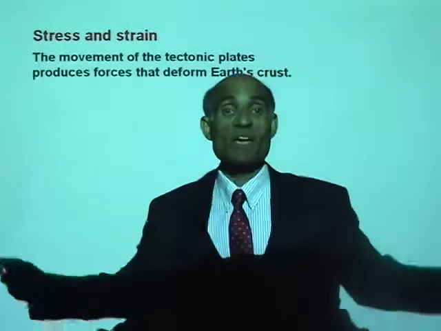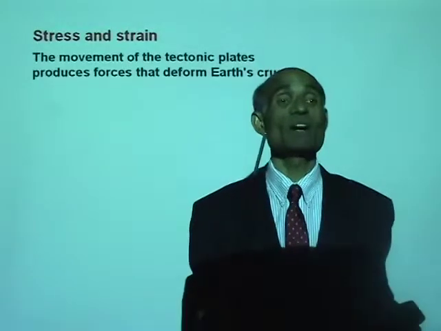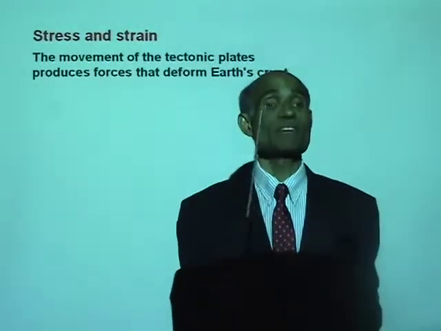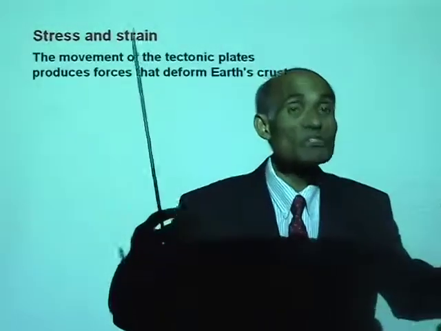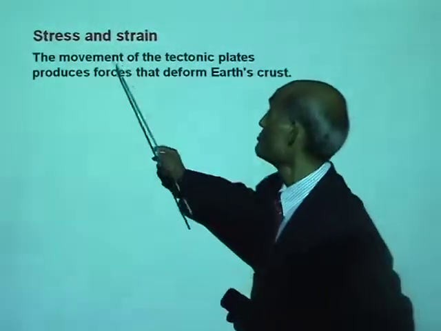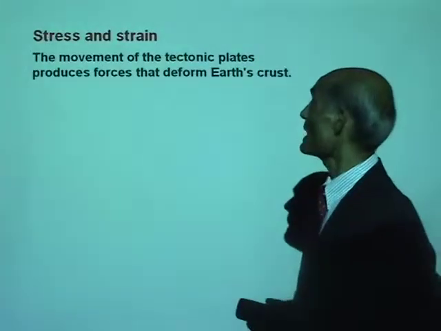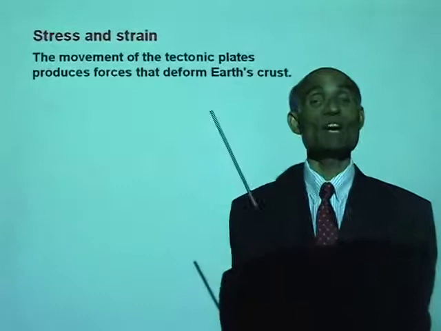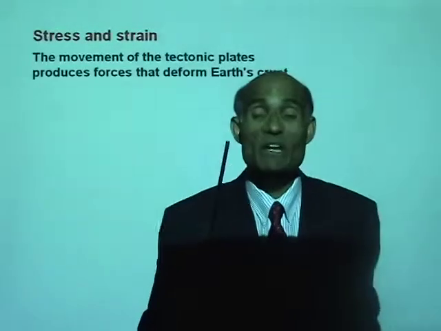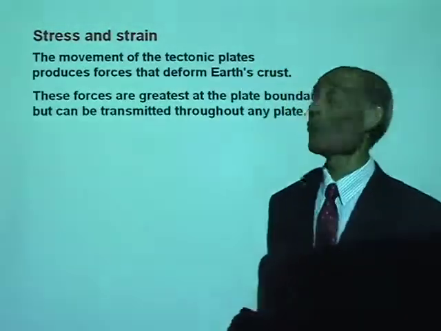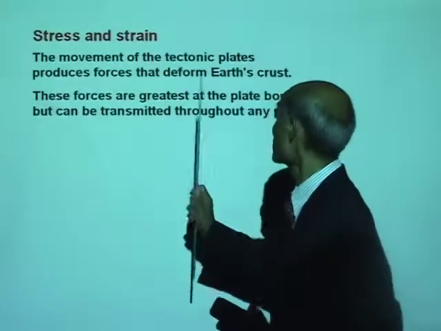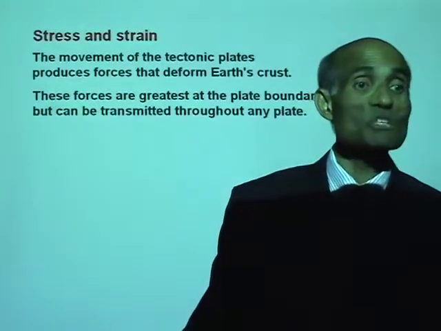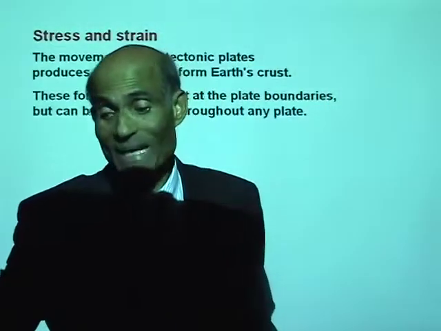Almost everything on the surface of the earth, especially the plates that make up the earth's crust, is subjected to tremendous force. So the movement of the tectonic plates produces forces that deform the earth's crust. An understanding of this force is very important. These forces are greatest at the plate boundaries and can be transmitted throughout the plate.